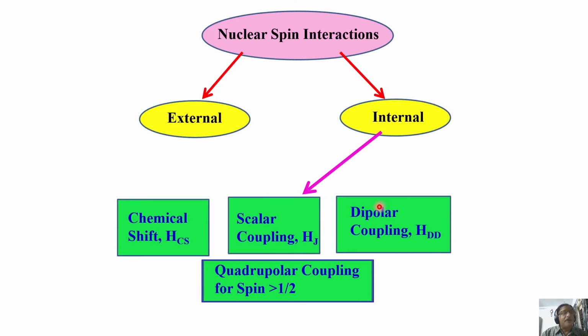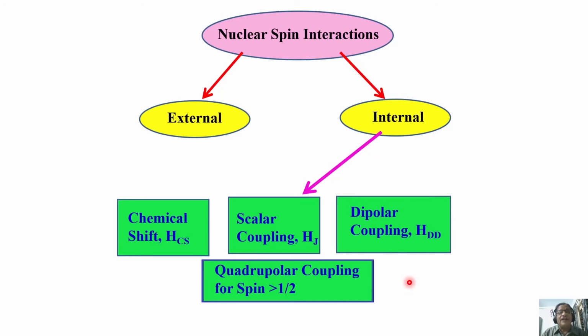All these three parameters pertain to spin half nuclei. There, I'm talking about spin half nuclei. But you can consider nuclei whose spin is greater than half. For example, we understood nitrogen-14, which has a spin 1.